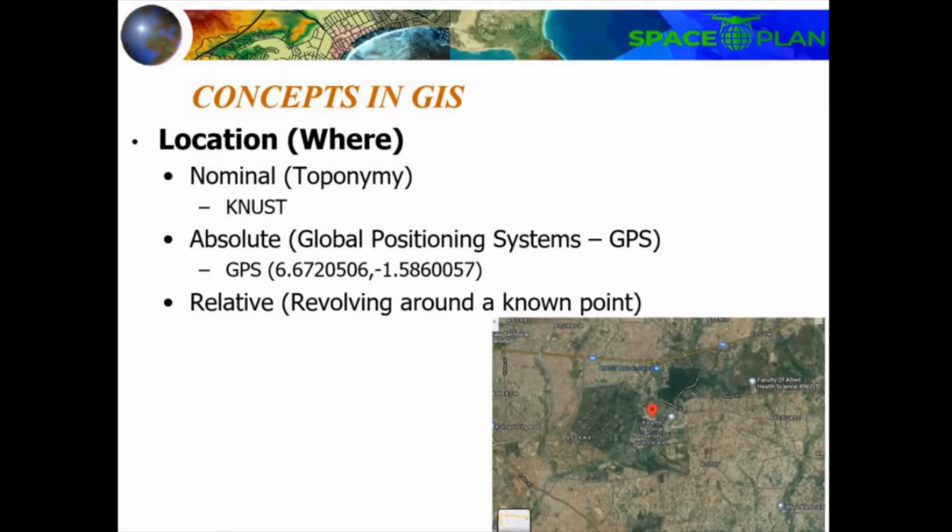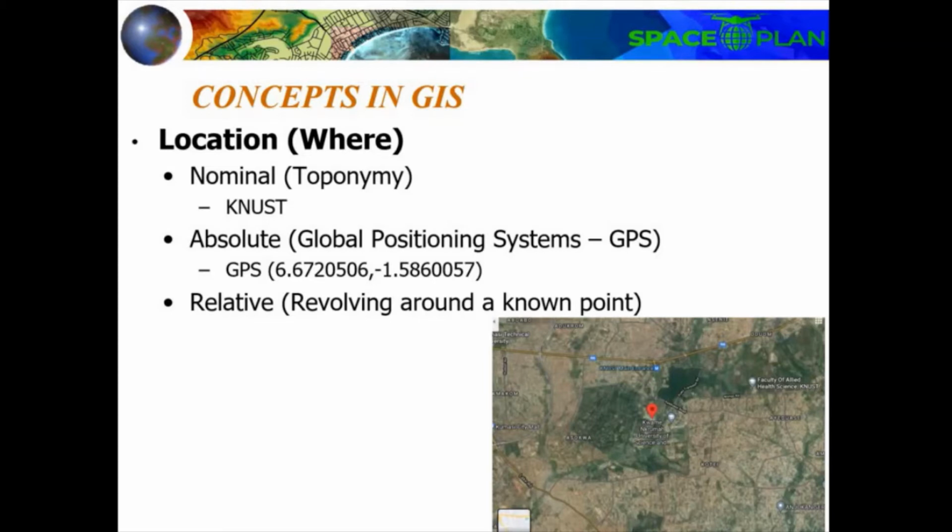The third location concept in GIS is the relative location. Apart from knowing the nominal location, KNUST, or identifying it using GPS latitude and longitude, where KNUST is can also be described in relative terms. For instance, if somebody doesn't know KNUST, it can be described using the communities around it.